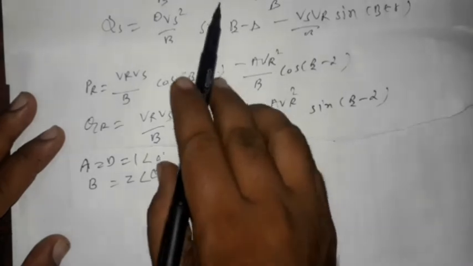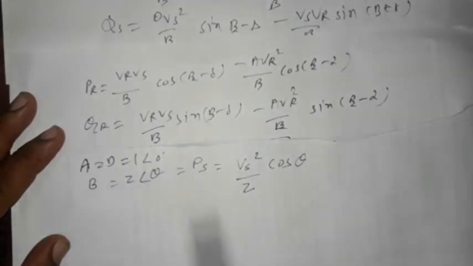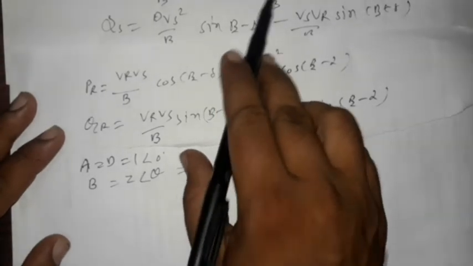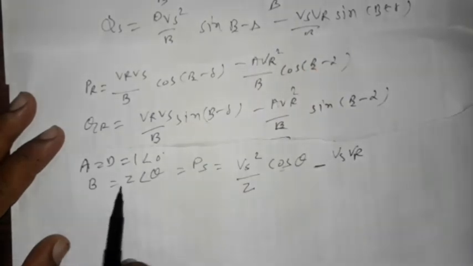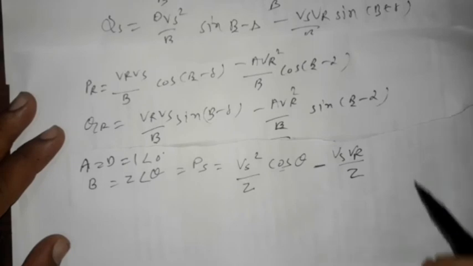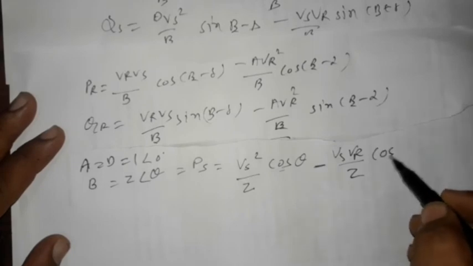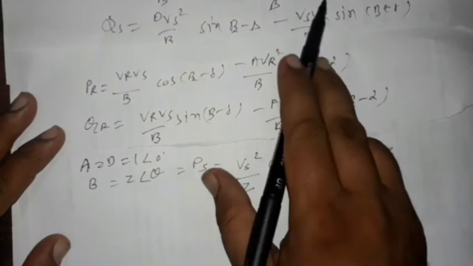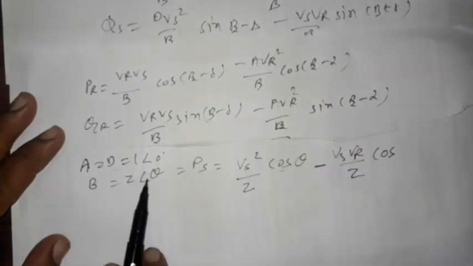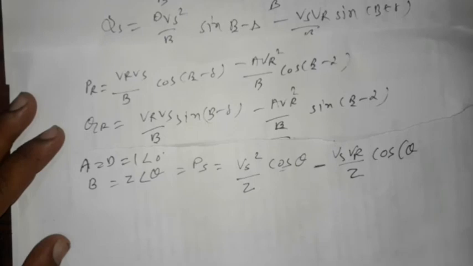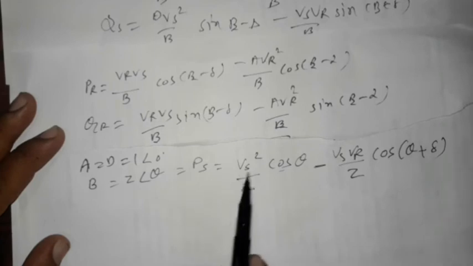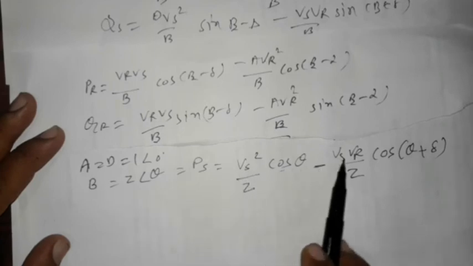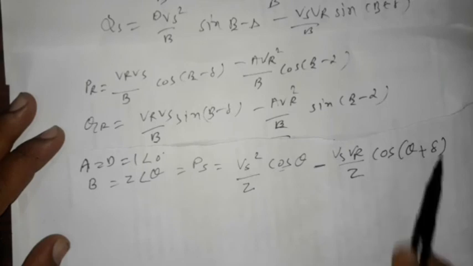Delta, the angle of D, is 0, so cos theta, minus Vs into Vr by B, and B is equal to Z. Now cos beta plus delta: beta is the angle of B, which is theta, and delta is the angle of Vs. So the equation is Vs square by Z cos theta minus Vs into Vr by Z cos theta plus delta.